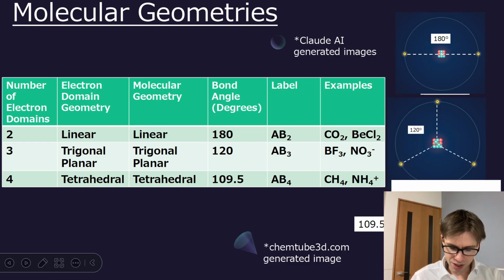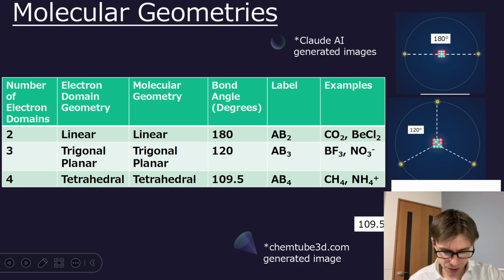So we can put these in a table with some examples then and some labeling systems. So if we have 2 domains, we have linear electron domain geometry. We also have something called linear molecular geometry. That's something I'm going to introduce on the following slide. But for now, we're just considering where the molecular geometry is the same as the electron domain.